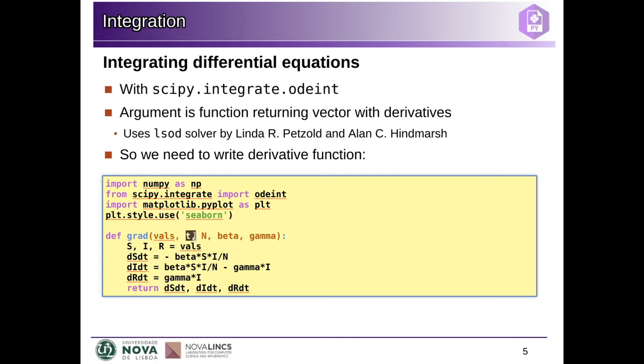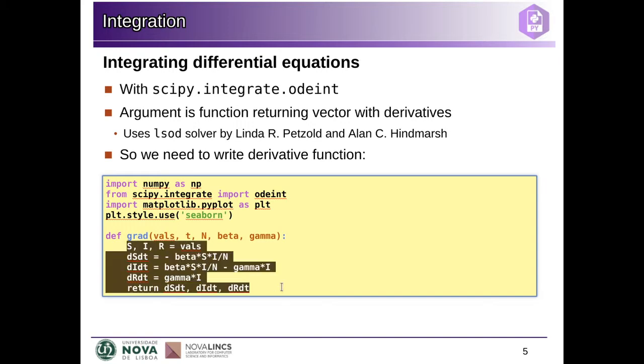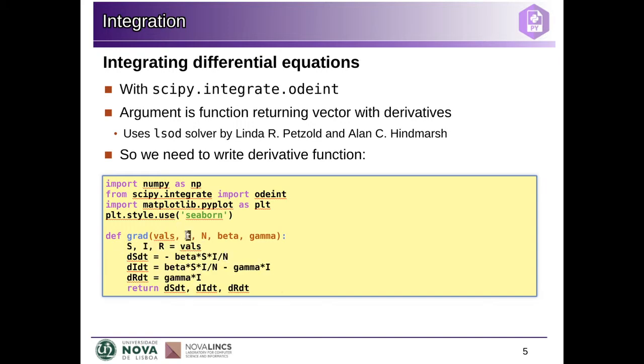The other thing that int is going to send to the derivative function, the one that computes the gradient, is the time at which we are. In this case, we don't need the time, but we need to have it there as a parameter too, because it will be sent to this function.